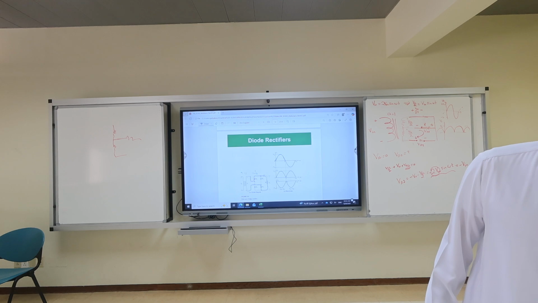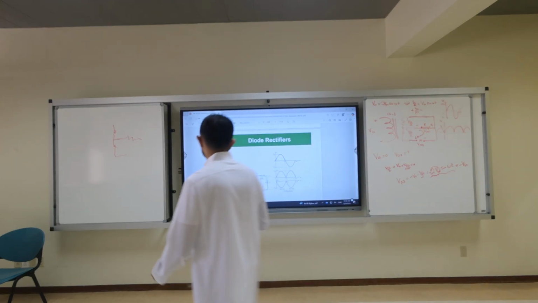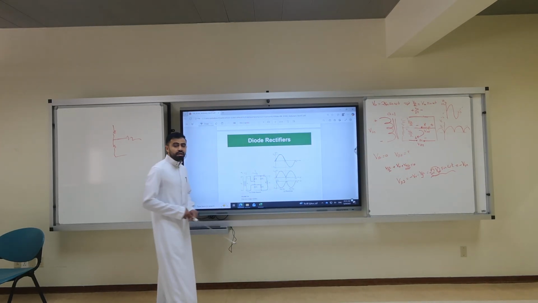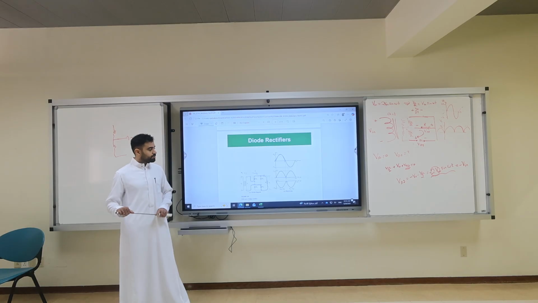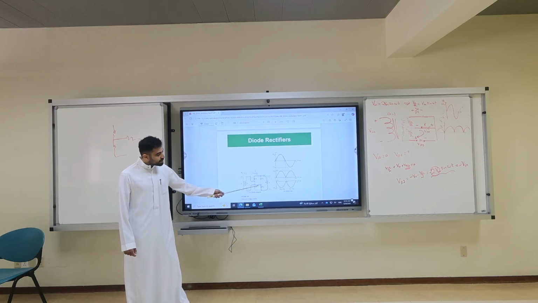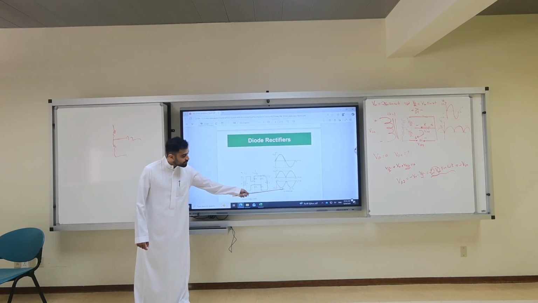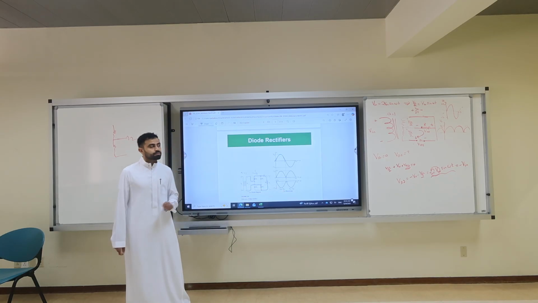Clear? Yeah. Is this clear? I'll do it now. For a positive cycle, D1 and D2 are on, so D3 and D4 are off, and they have a voltage drop of minus Vm.